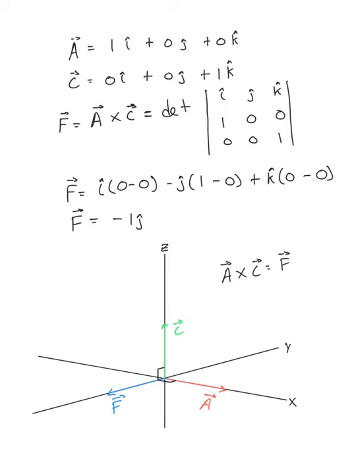So this is just an example of how the right-hand rule and our mathematical formulation give the same answer in terms of the direction of our cross product. Now, the right-hand rule would not give us the length of the F vector. The only way to get the length of that F vector is to actually calculate out the cross product mathematically. But at least we see that the direction from the right-hand rule and our mathematical direction line up with one another.